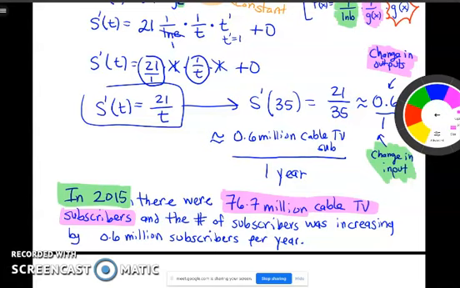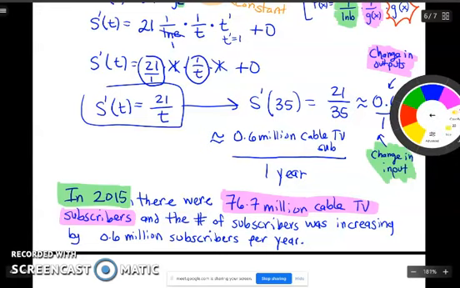And the units were just number of TV subscribers. And what was happening to that number? The derivative tells me the rate of change. The derivative was positive. So that amount, the number of subscribers, was what? Increasing by 0.6 million subscribers per year.